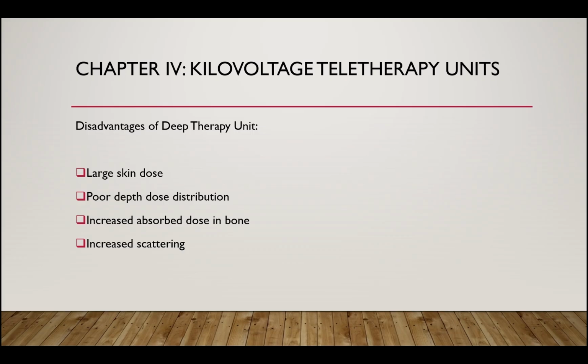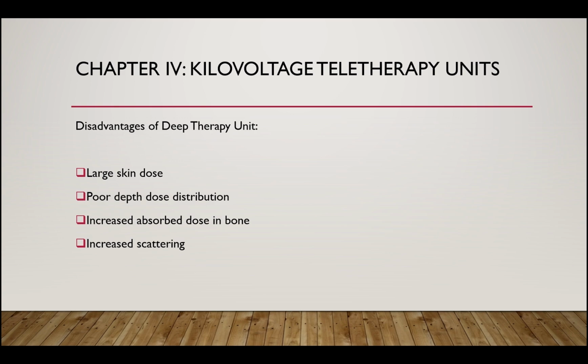So the depth dose distribution is the amount that is being absorbed in the surface and into the deeper locations of the tumor. So hindi maganda. Hindi nagiging maganda yung distribution. It can be very high in the skin surface or very low into the location of the tumor.